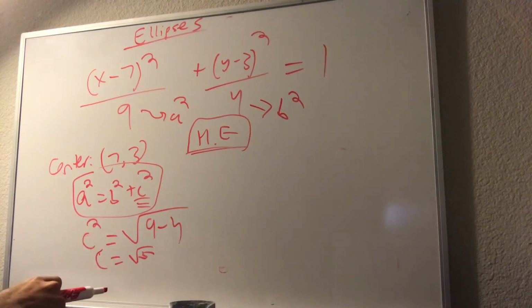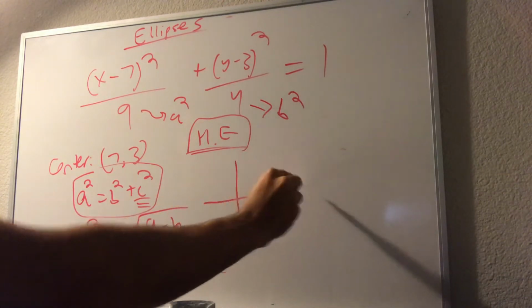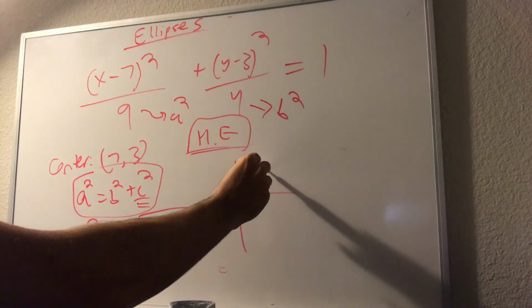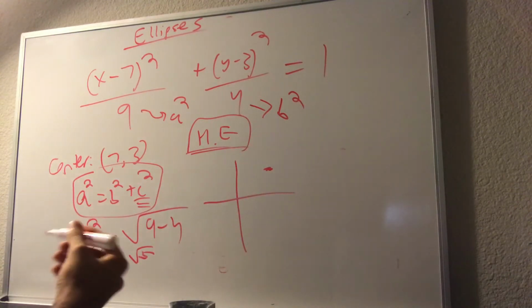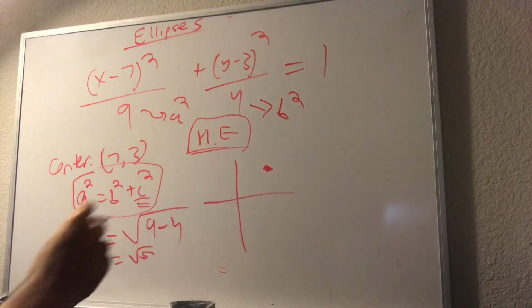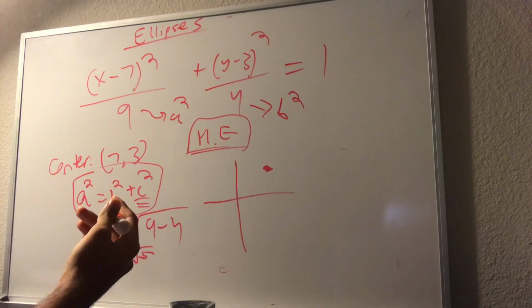And now when we draw the ellipse, we have something like this. We know its center is 7, 3 here. Now we want to find the vertices. But again, I wasn't really clear on what the value of c represents.